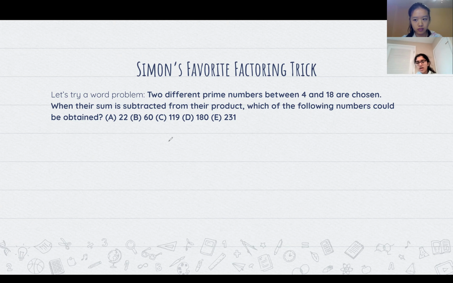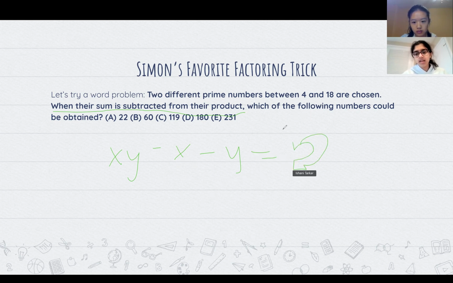Remember it says two different prime numbers, so when their sum is subtracted from their product, that is the specific equation we have in this scenario. Yeah, so xy minus x minus y, right? So xy minus x minus y is our equation, and it's equal to question mark, right?